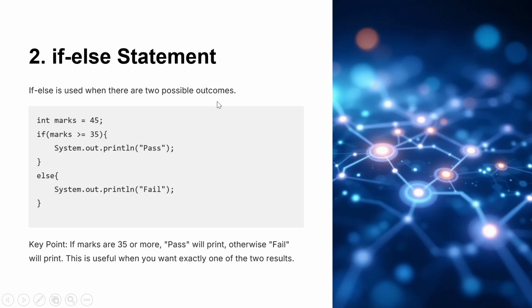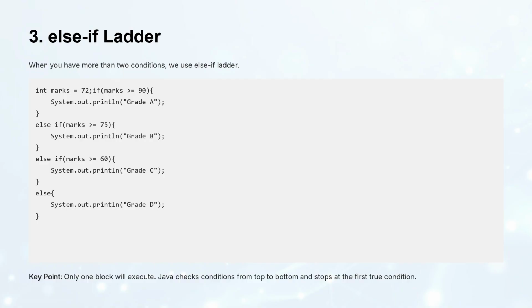Okay, the next conditional statement is the if else ladder. When we have more than two conditions, at that time we use the if else ladder. Like if marks is greater than 90, then it will print grade A. Else if marks is greater than 75, then it will print grade B. If the first condition does not work, then only it will go to the else if.